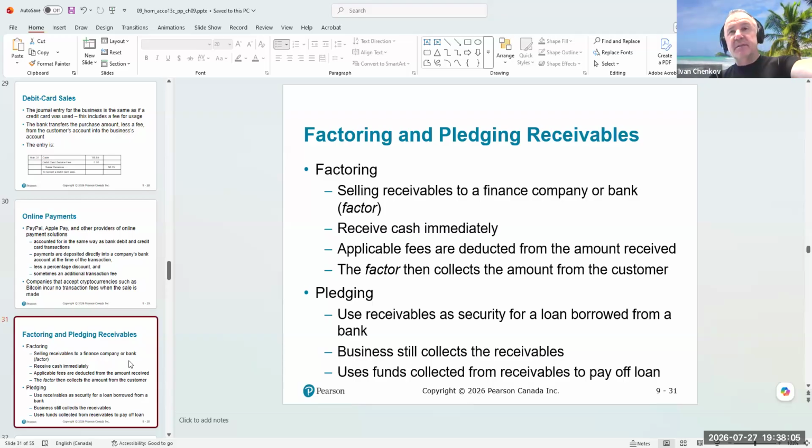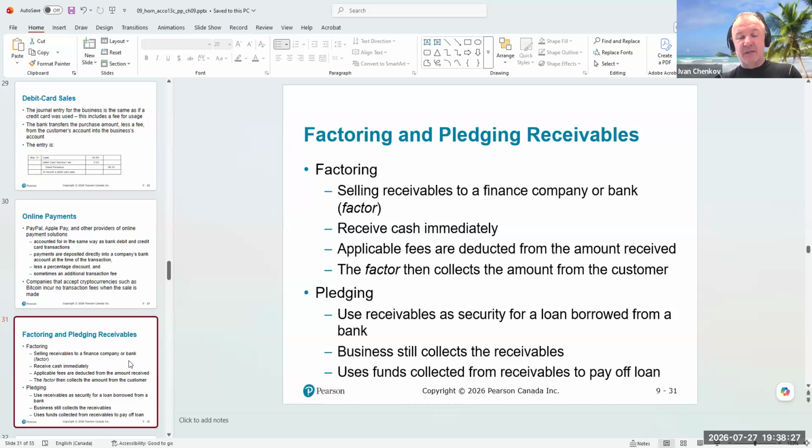Usually collection companies charge something like 60% of the accounts receivable. So imagine you cannot collect $100,000. If you sell it to a company which does collections, they're going to pay you $40,000, and the $60,000 they keep for themselves.